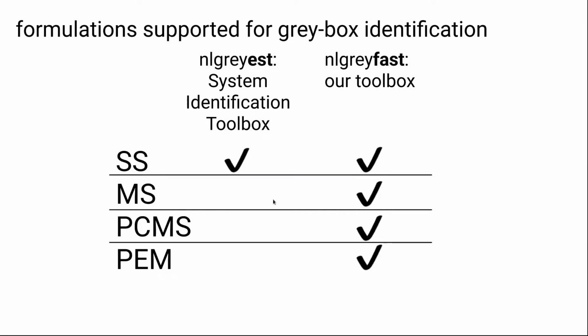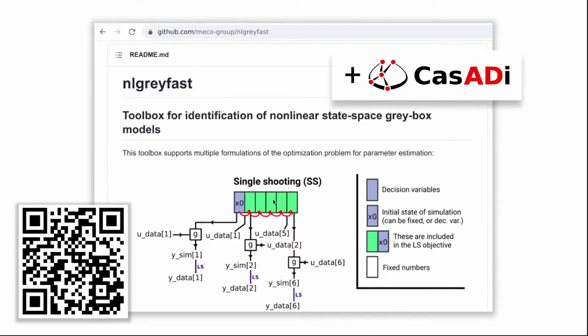In our toolbox, we have implemented all the other formulations shown here as well. So yeah, this is our toolbox. This is open source. For optimization, we are using a toolbox called CasADi that's also developed in our group.